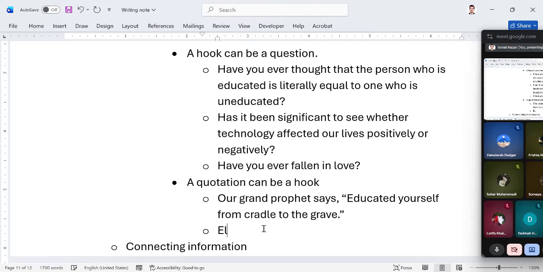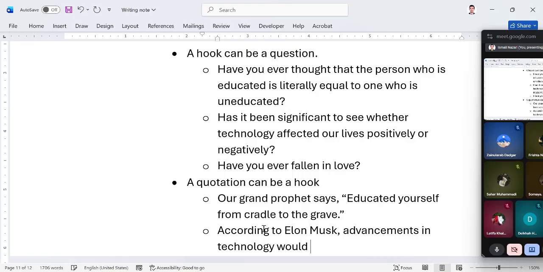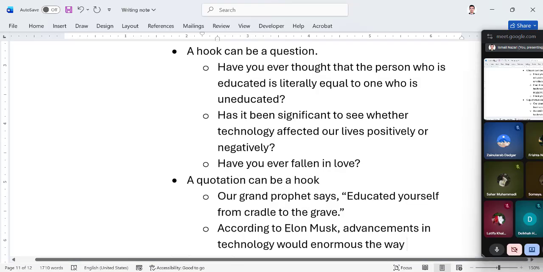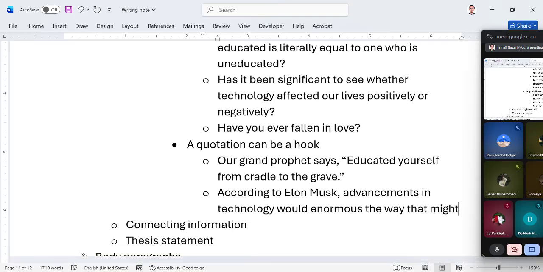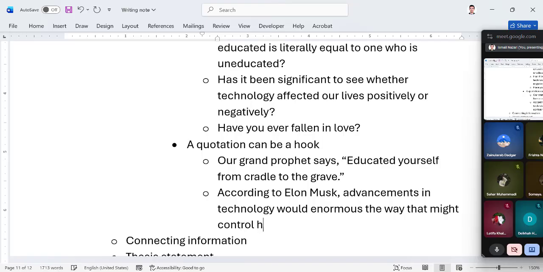According to Elon Musk, advancements in technology would be enormous, the way that might control human life in the future.